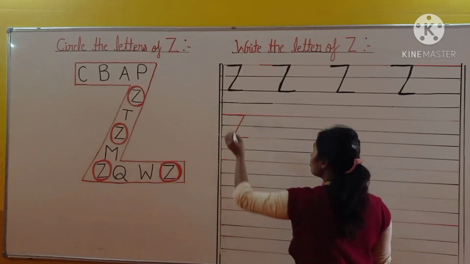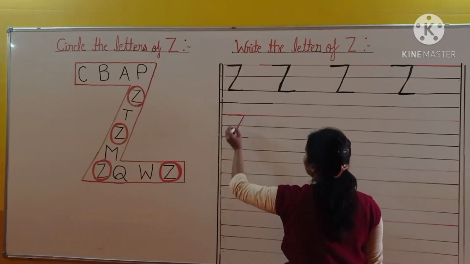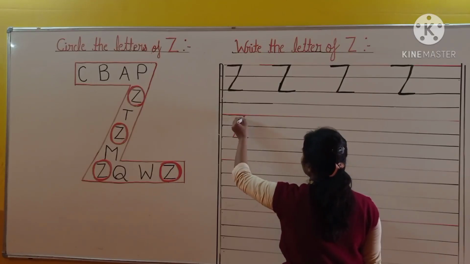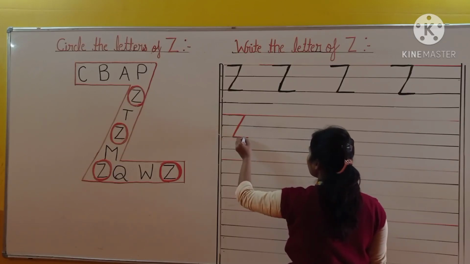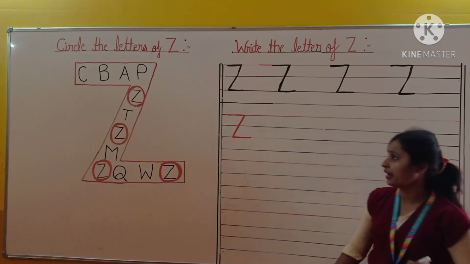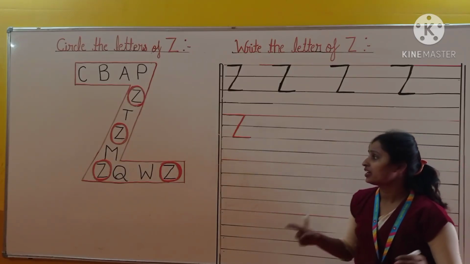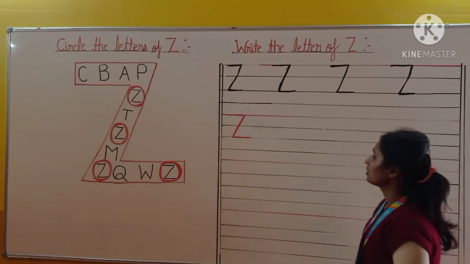After that, draw a slanting line down. Then another sleeping line. Okay, this is a capital letter Z. Z is for zebra.